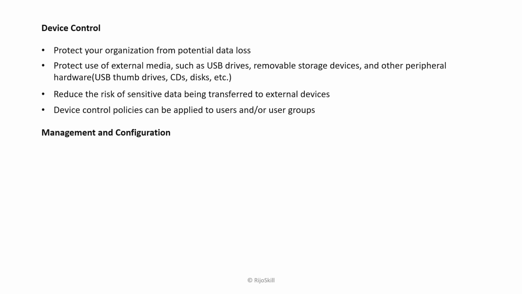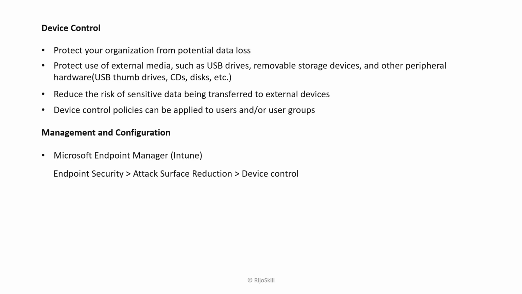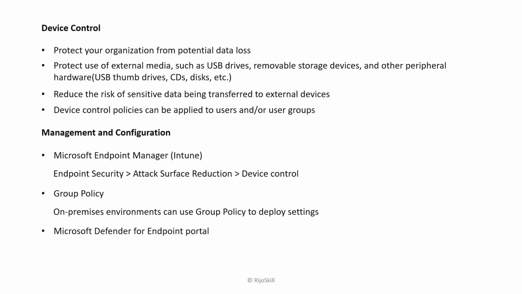And what is the management and configuration for device control? You can use Microsoft Endpoint Manager like Intune, and in this application it is under endpoint security, attack surface reduction, and device control. Another option is group policy. If you are using on-premises devices, you can use group policy deployment settings, and you can also use the Microsoft Defender for Endpoint portal, with reporting and monitoring capability to track the device and usage policy enforcement.